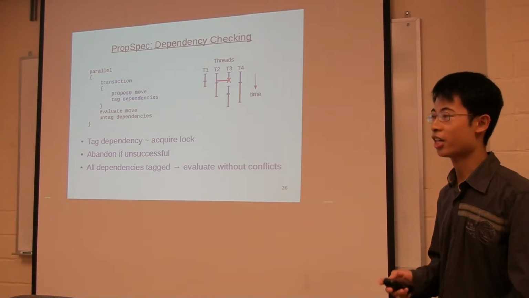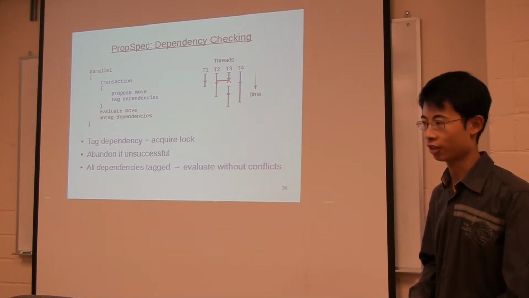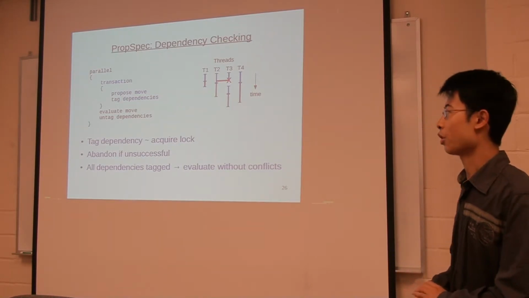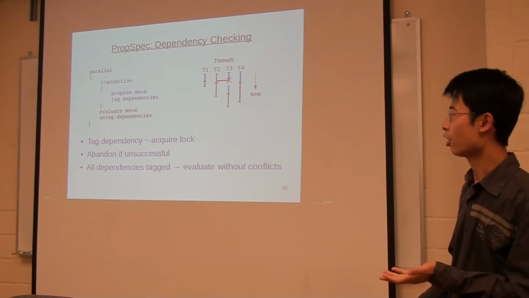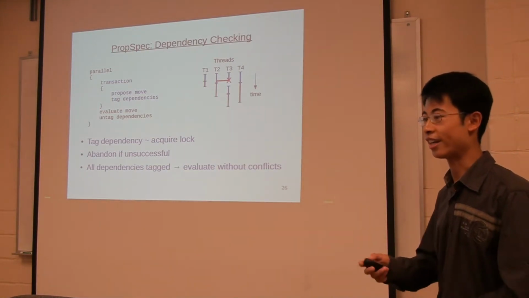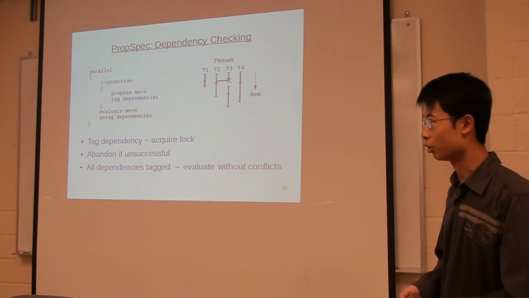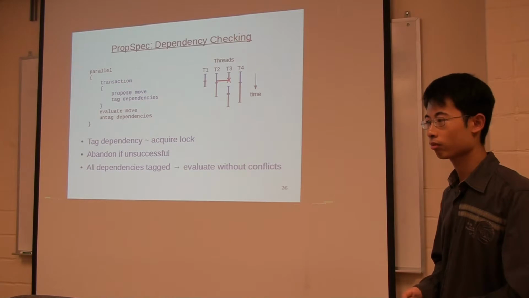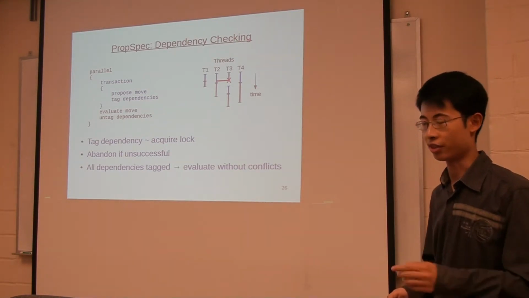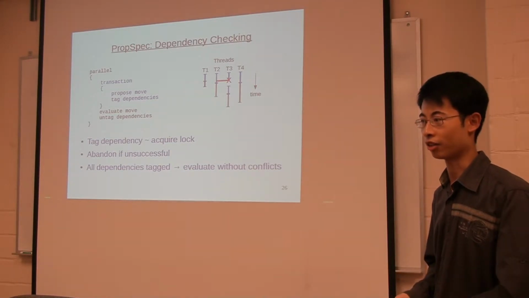And when I say tagging a dependency, that works just like acquiring an exclusive lock on some part of the circuit. The difference is we don't let the thread stall if it fails to acquire the lock. Instead, if it fails to tag any dependency, we simply, just like before, let it abandon the move and try something different. The result is if a thread successfully tags all parts of the circuit that it might affect, it can safely evaluate its move without conflicts.